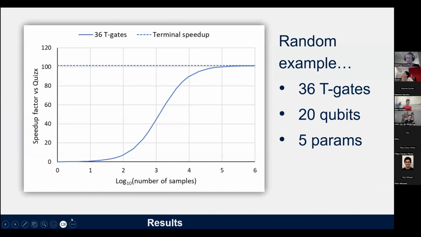So if we look at a particular example circuit and see how this fares, this is the speedup factor we get for our method versus just doing this normally in Quizx, versus the number of samples that we're taking.